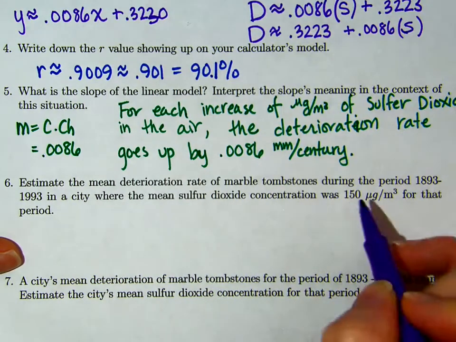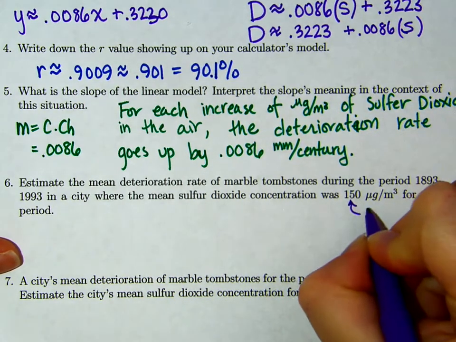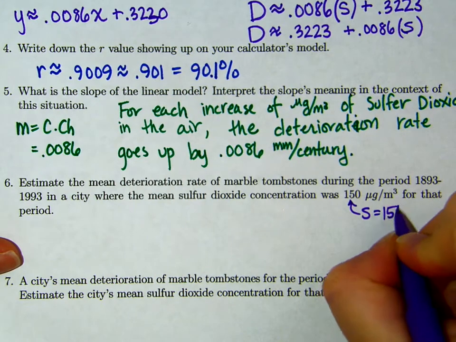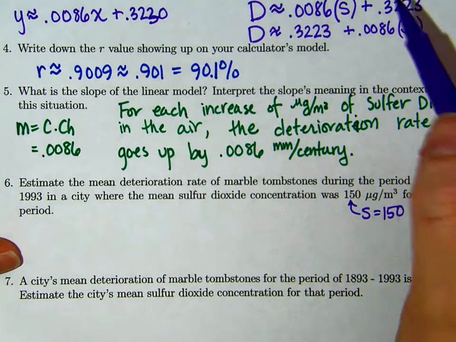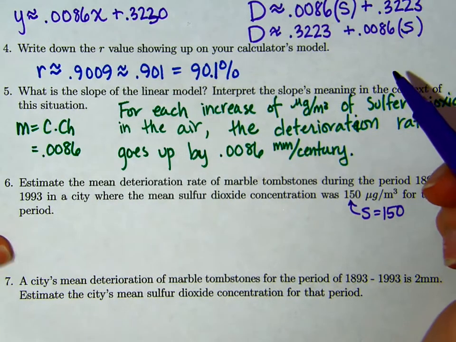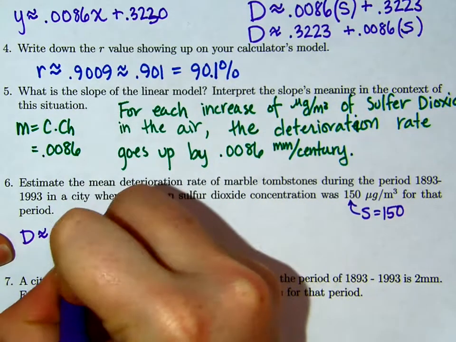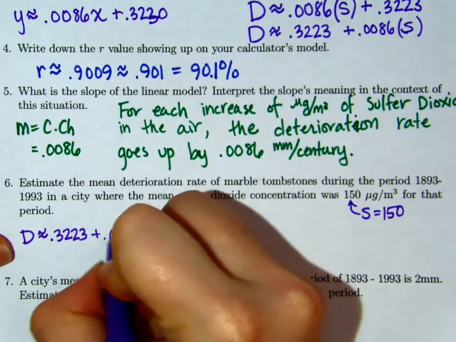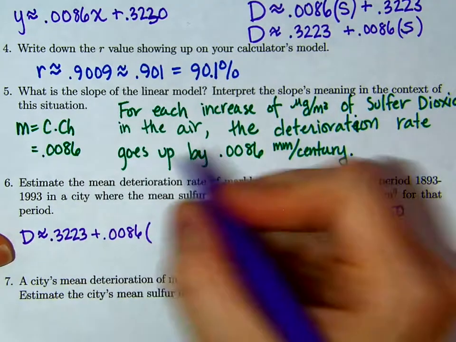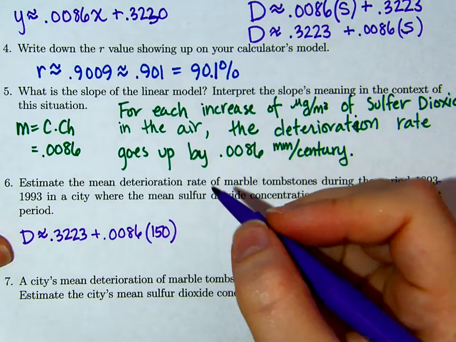Mean sulfur. This is the sulfur. So sulfur equals 150. And so we put that in to our model. The deterioration rate is approximately 0.3223 plus 0.0086 times 150.